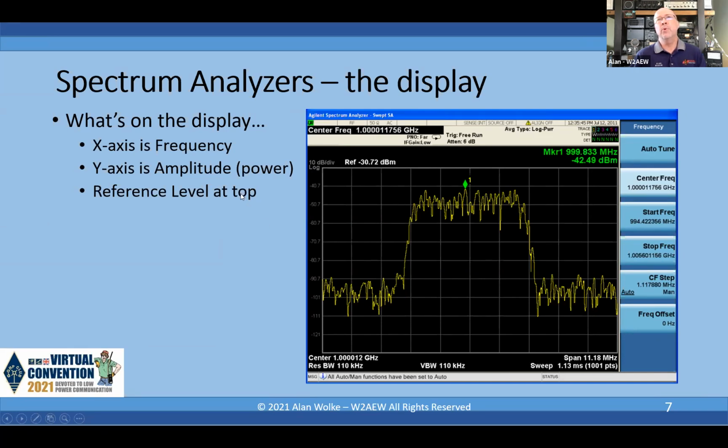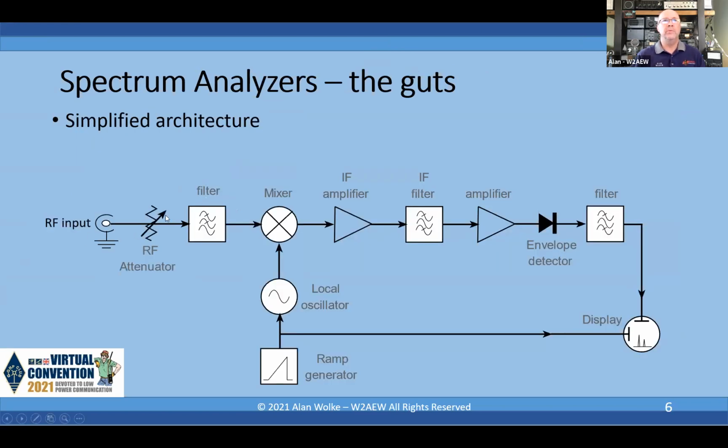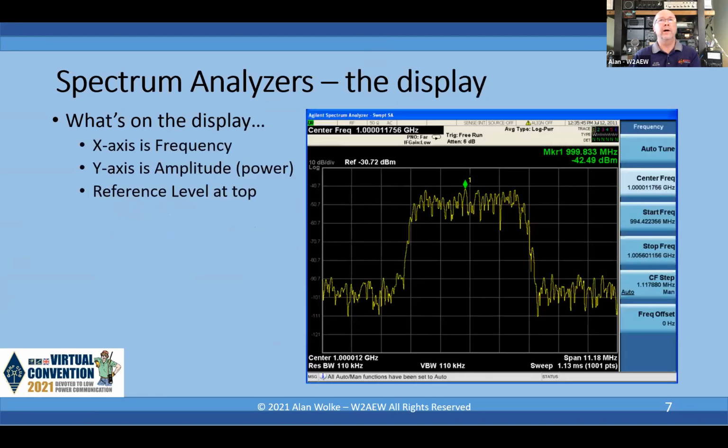But the other important thing, and I'll probably mention this a couple of times as we go through, is that setting that reference level is actually pretty important, because if we go back to the block diagram, as you adjust the reference level, it adjusts the value of this RF attenuator, and therefore the amount of signal that the front end mixer sees. So it tries to keep that in the optimum range. But it will also affect the vertical scale that you're going to get, and where the noise floor will be.